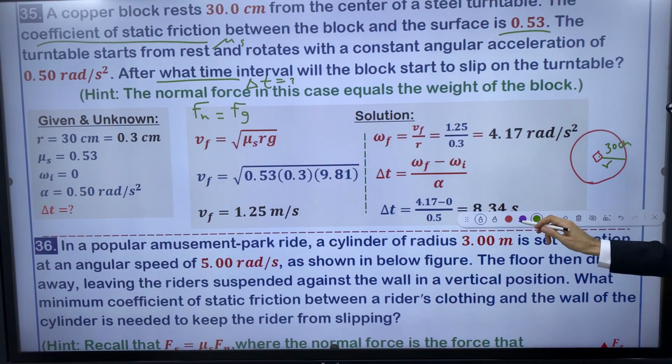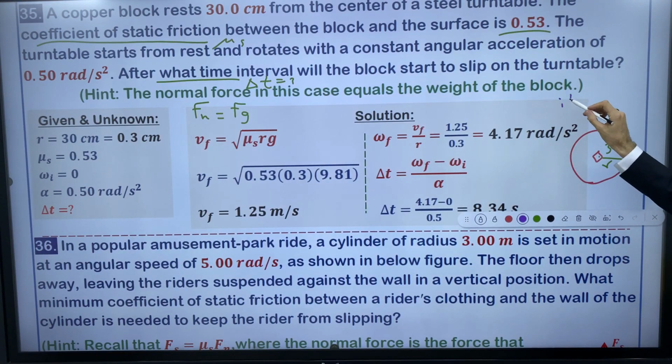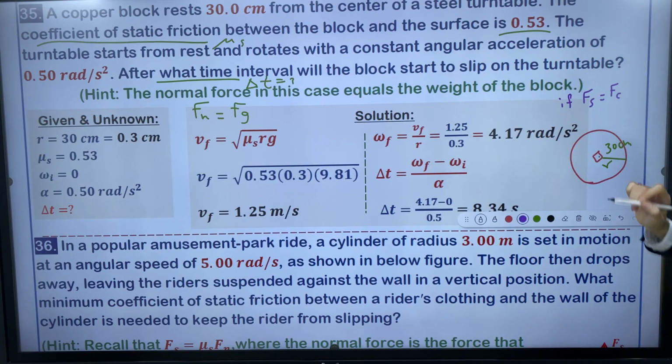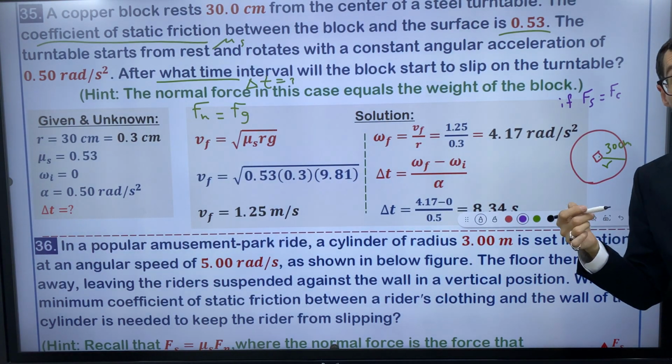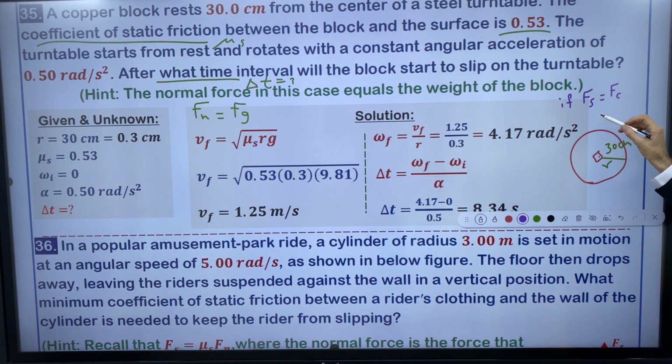Let me add this note: if Fs is equal to Fc. I mentioned one condition for you: mu s becomes AC over G. This is a rule, right?